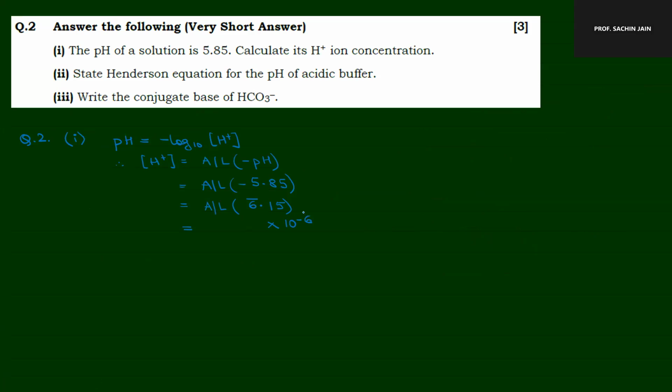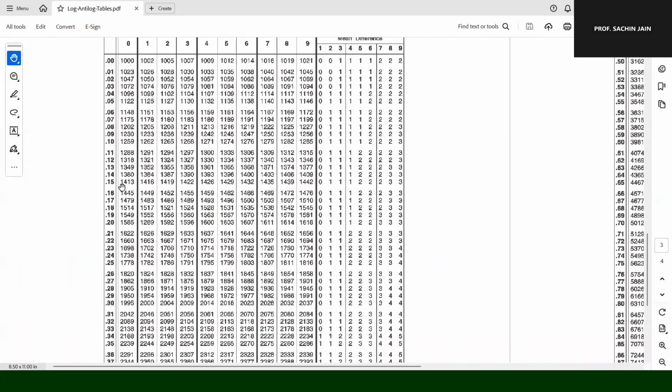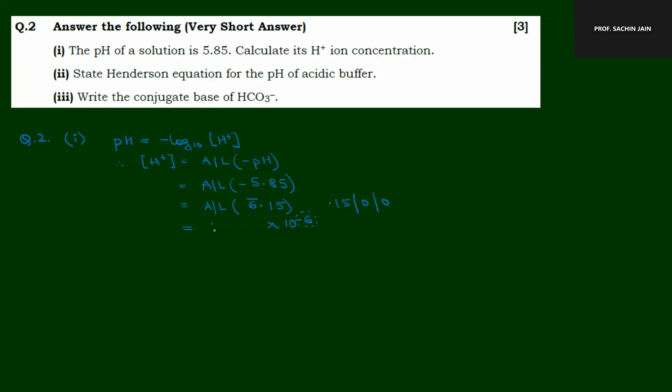We made bar 6 into 10 raised to minus 6. Now antilog of 0.15. There is nothing after 0.15, so you will check 0.15 ka 0. Correct. So 0.15 ka 0 in the antilog table is the very first number, which is 1.413. So you will write the answer as 1.413 into 10 raised to minus 6.